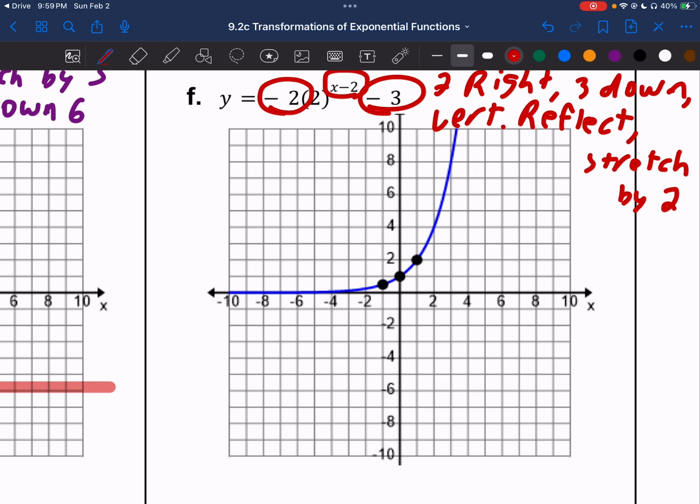So -1 minus 2 is -3. 2 to the -3rd is 1/8 times 2 is going to be 1/4, but then it's going to be negative, so it'll be -1/4, and we're shifting it down 3, so that is -1/4 minus 3 is -3 1/4, so it's going to be down about there.